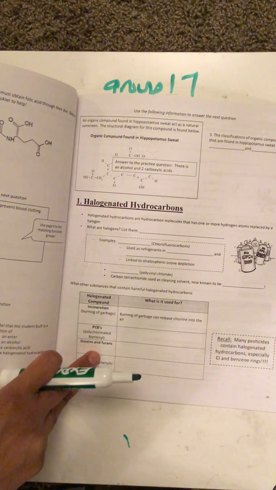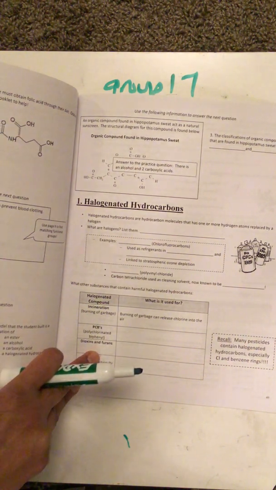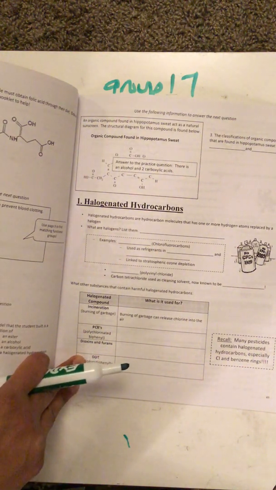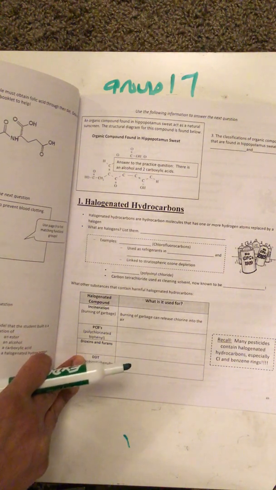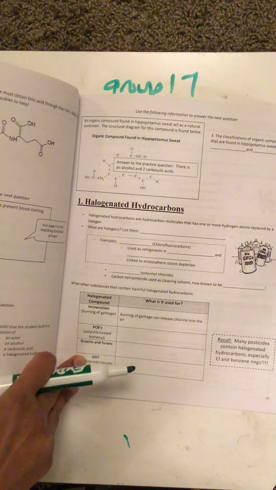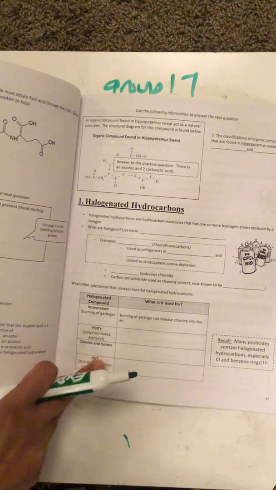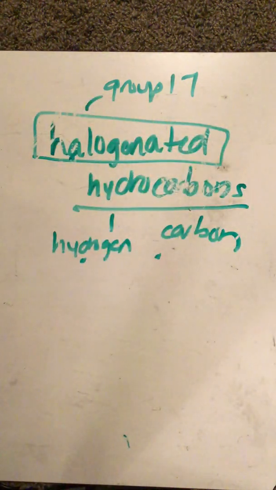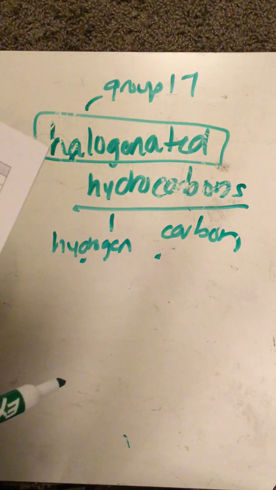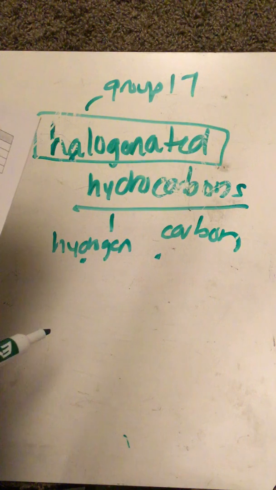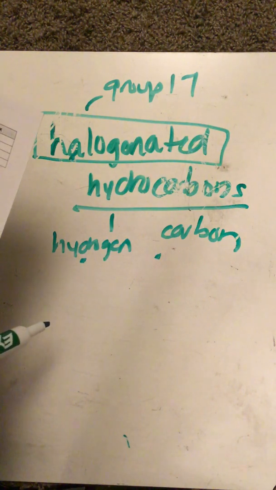Dioxins and furans are formed during the paper and pulp industry, to bleach your paper and make it white, because the paper came from trees and the bark is dark brown. So when you bleach the paper, you release halogenated hydrocarbons. DDT is a pesticide, so pesticides, halogenated hydrocarbons. We're going to talk about PCBs, which are found in clothing that makes it look vinyl. That also contains halogenated hydrocarbons. Not good for our planet.